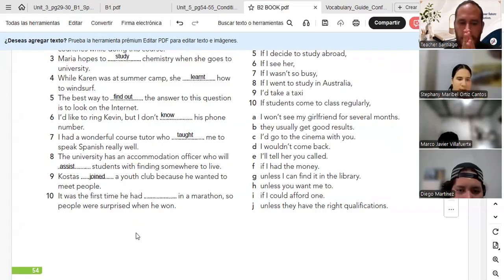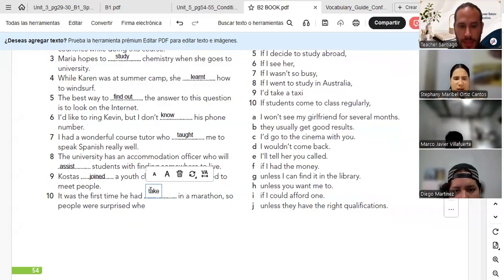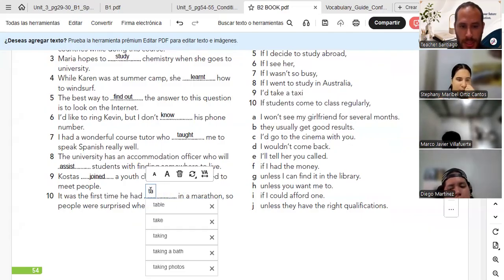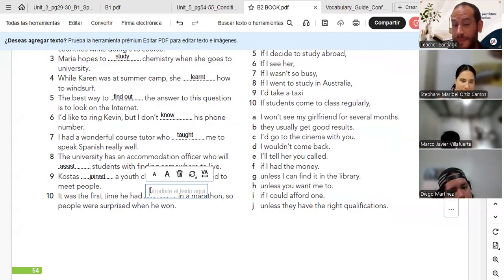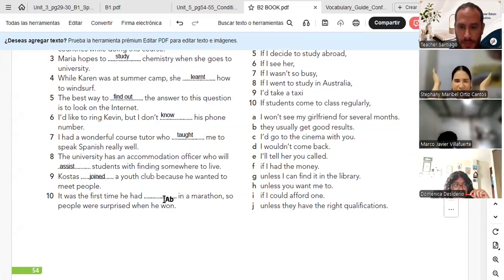It was the first time he had taken part in a marathon, so people were surprised. Okay, but take apart? For me, taken part, no. I mean, yes, but what about the verb tense?